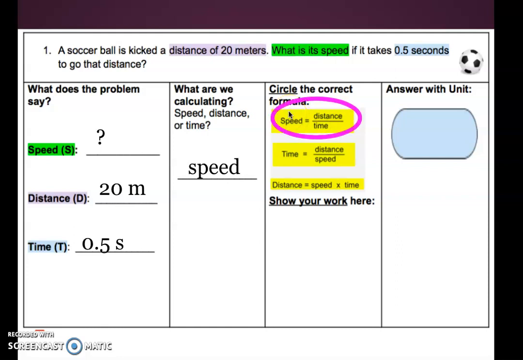So that's this top one right here. So I'm going to let you complete showing your work, how you're going to calculate the speed, and write down your answers. They'll have units meters per second. And you want to take a little moment and a lot of moments and give these problems a try.